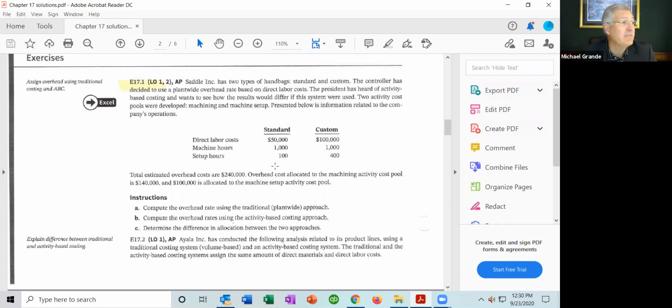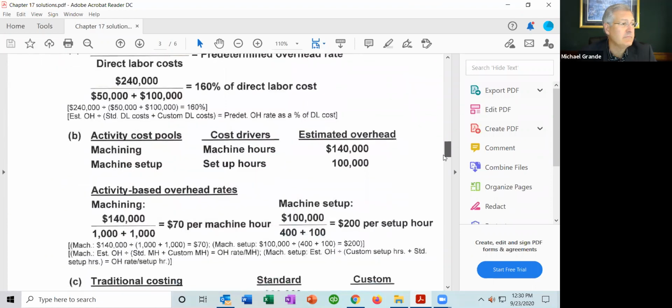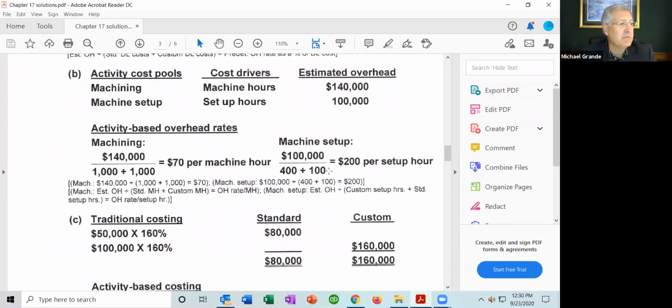We got 100 from standard and 400 for custom, which is 500 machine setups. $100,000 cost pool divided by the 500 machine setups, the activity rate is $200 per hour. Okay, so that's part B, calculate the activity rates.